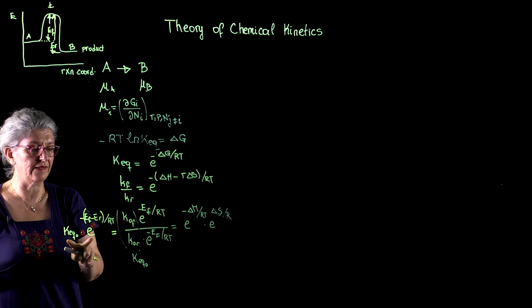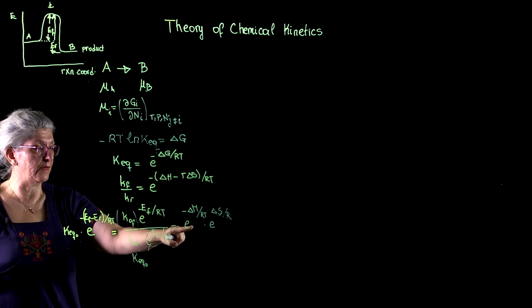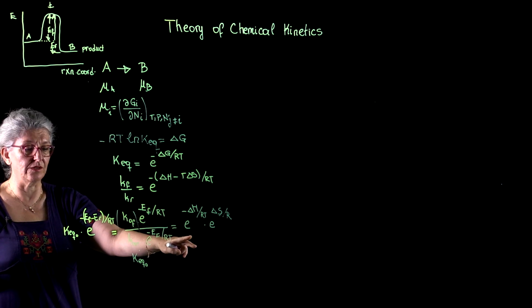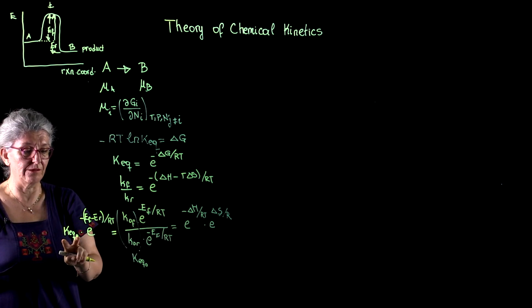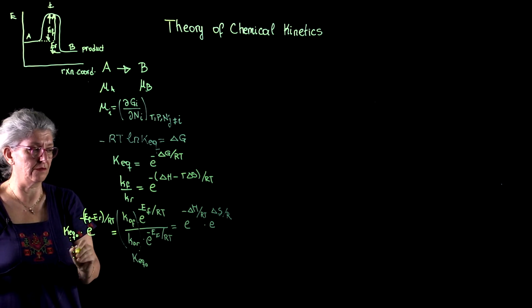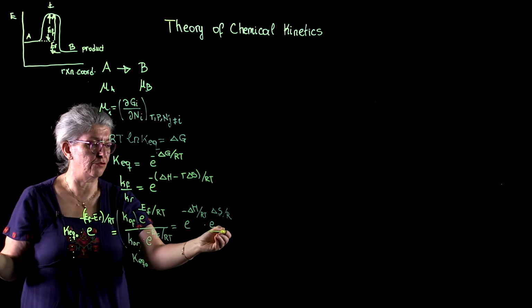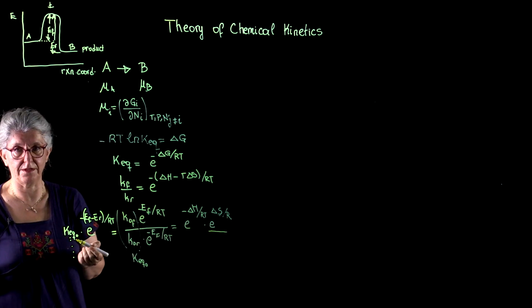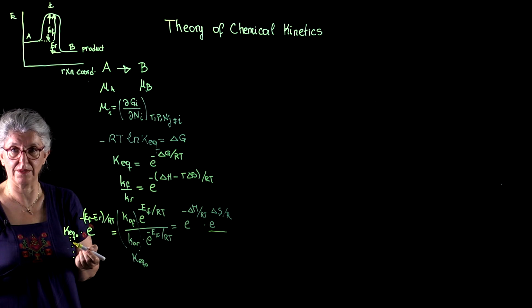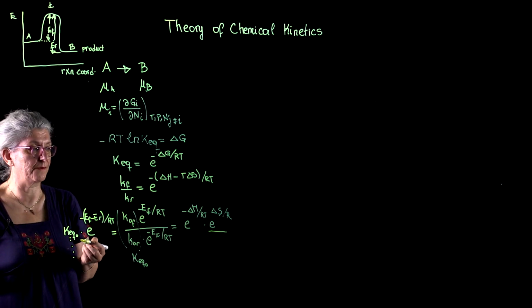When we compare this side of the equation with that side of the equation, we see an analogy. We have a term which is independent of temperature. This is K equilibrium 0. We have another term which is independent of temperature, that is the entropy change due to the reaction.